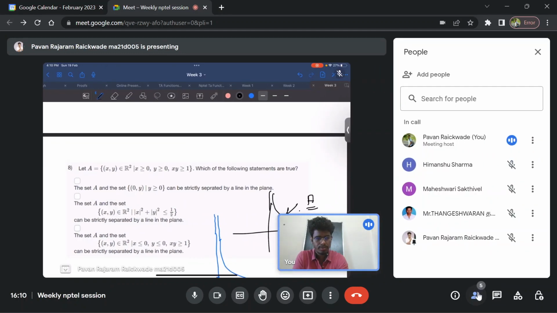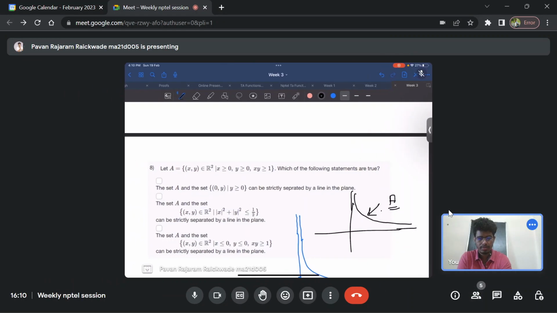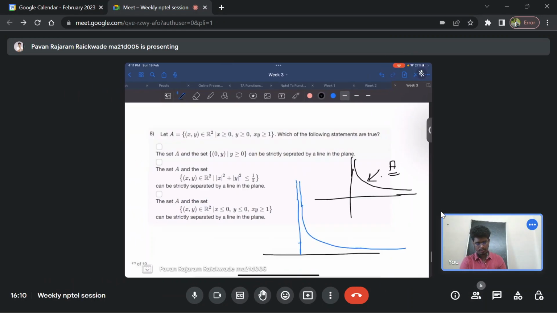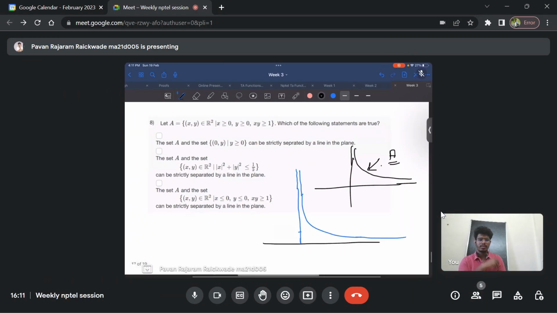Himanshu? Yes, sir. Can we separate these two curves by means of a straight line? Using the Hahn-Banach separation theorem, we can separate this. How?